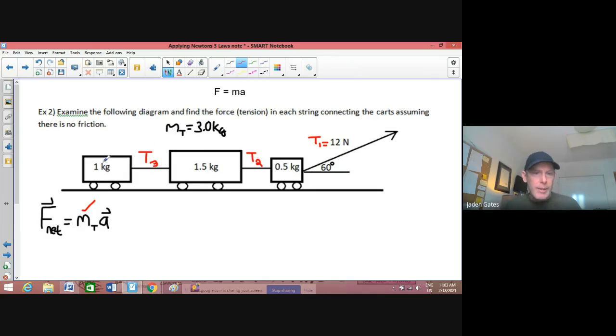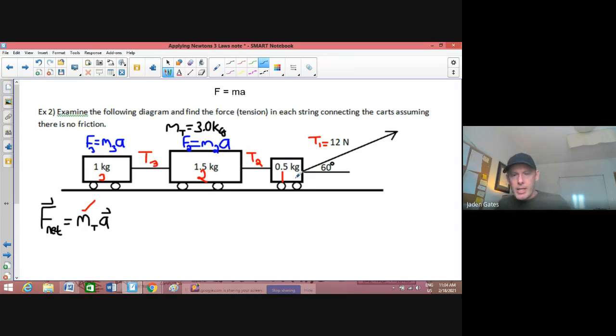Now, in each object here, I'll call this object number 3, 2, and 1. For each of them, the formula F equals ma applies. So the force is equal to the mass of item 3 times a. The force here, which I'll call F3, and F2, is equal to mass 2 times a.